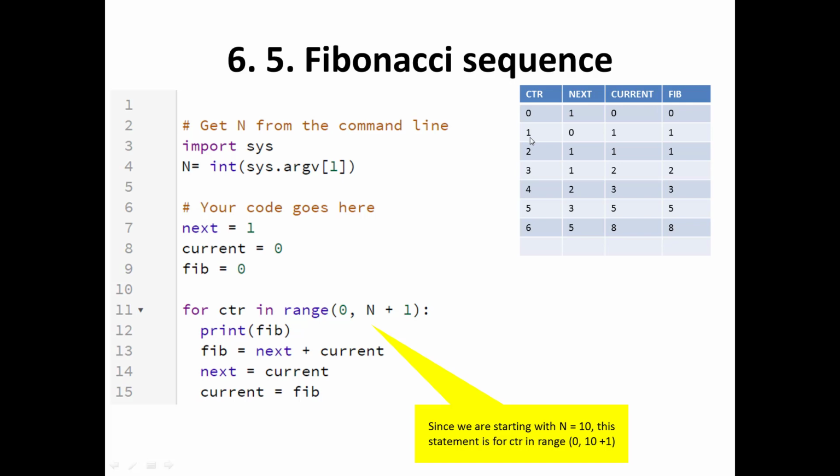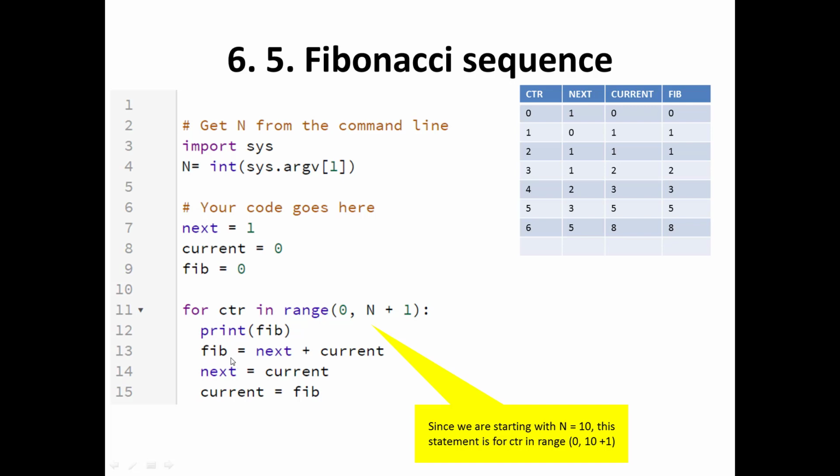Now we move through to our next iteration. In this iteration, our counter is 1 because remember, we increment each time we hit the bottom of this for loop when we're using the in range. So our counter is 1. Now let's understand what would be our next variable. Let's see how we get there.